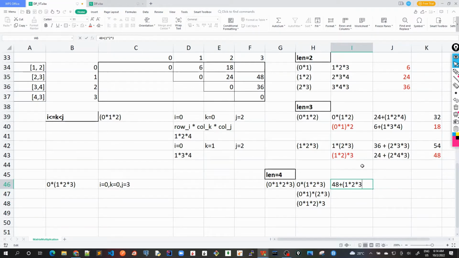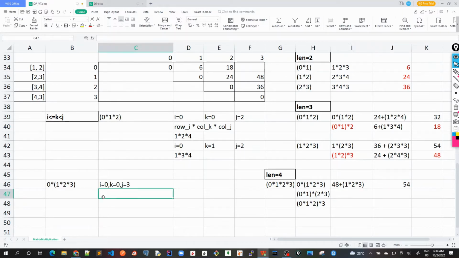So this is the formula. 3 times 2 is 6, and 6 plus 48 is 54. Now we have to check for the other 2, and then choose the minimum out of them.